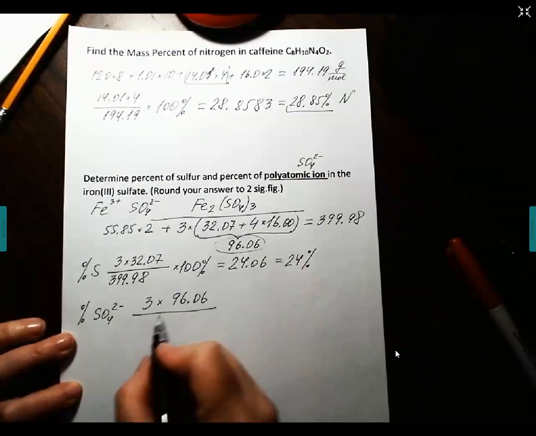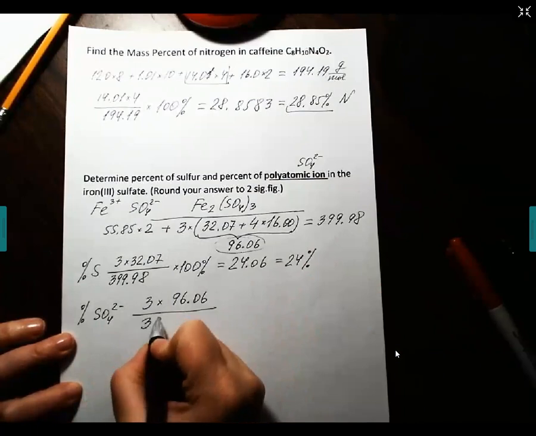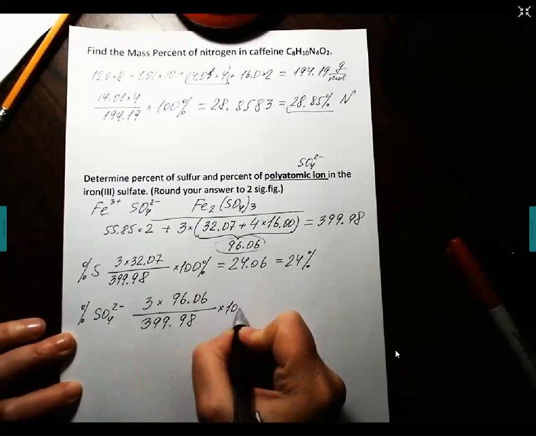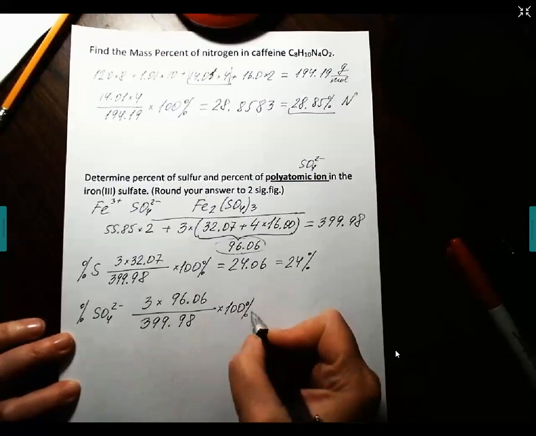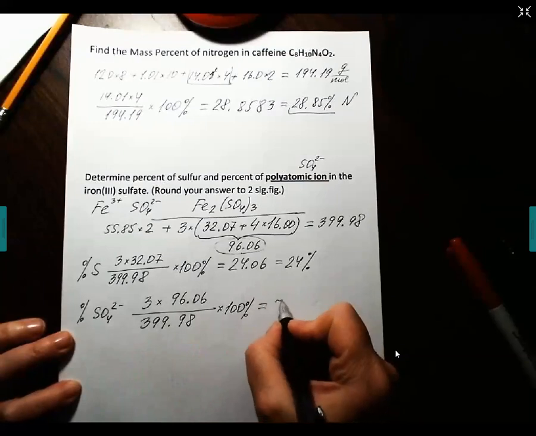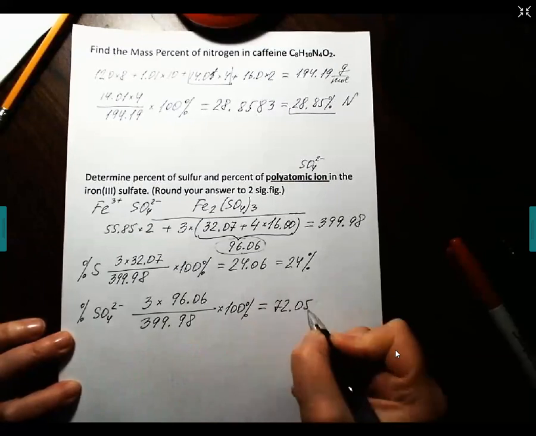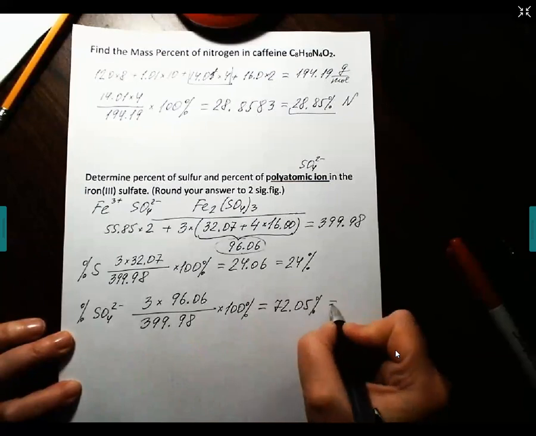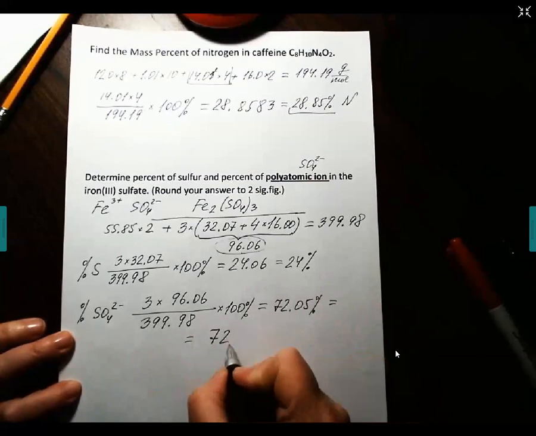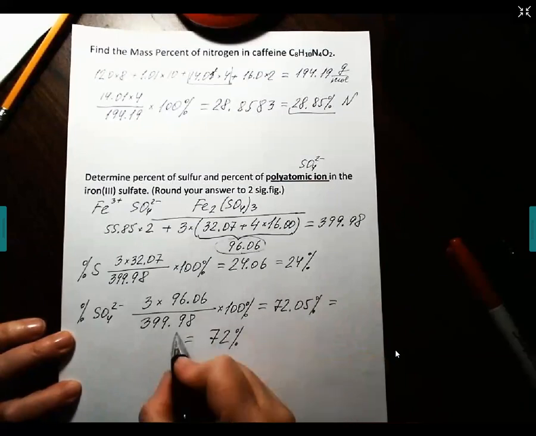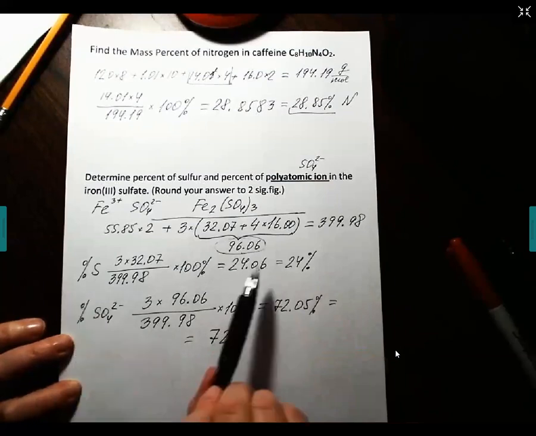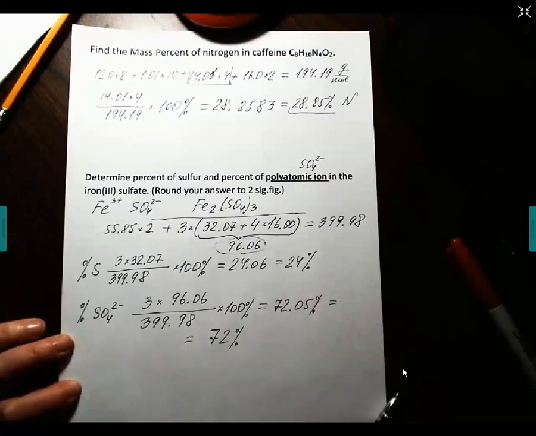And again, we are dividing by the molar mass of the formula unit. And don't forget to multiply by 100%. And it will give us 72.05%, and when we round to two significant figures we'll get 72%. So the percent of sulfate is 72, the percent of sulfur is 24%.